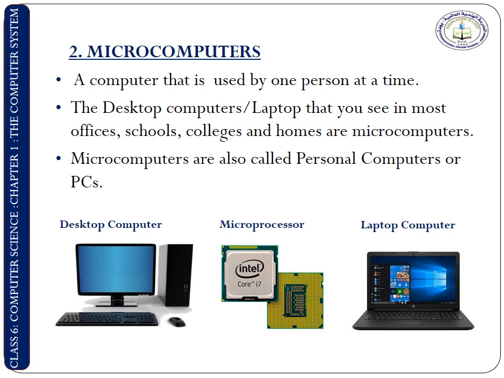A microprocessor is the central processing unit on a single integrated circuit chip. So the computer with one processor is called a microcomputer. Most of the computers we use normally at home or offices or schools, whether desktop or laptop, are all microcomputers. Microcomputers are also called personal computers or PCs.